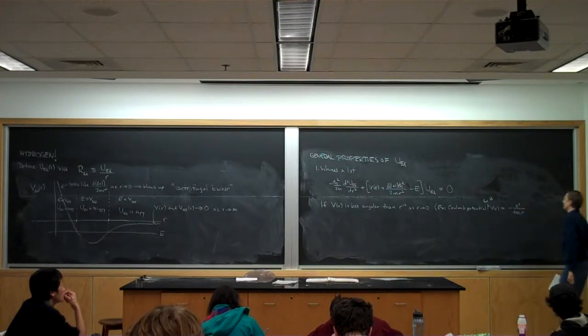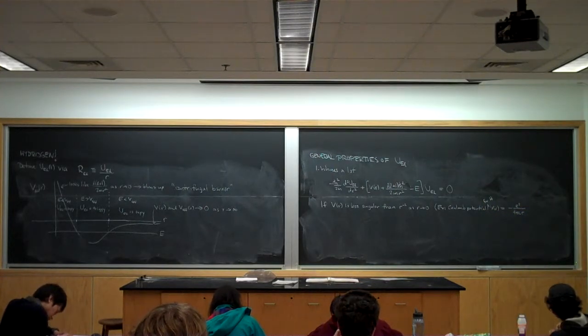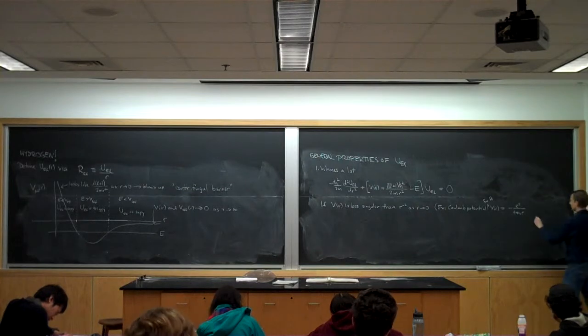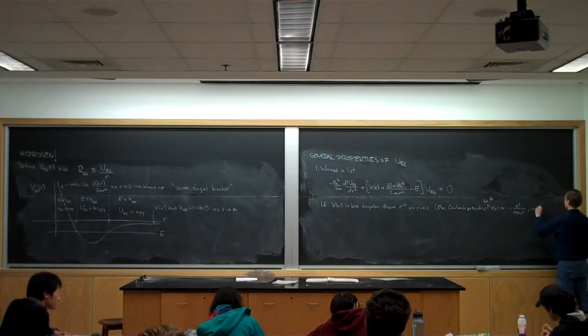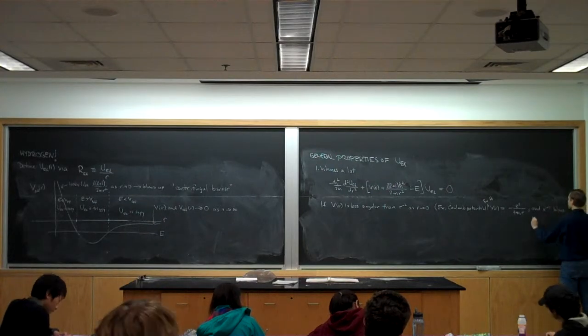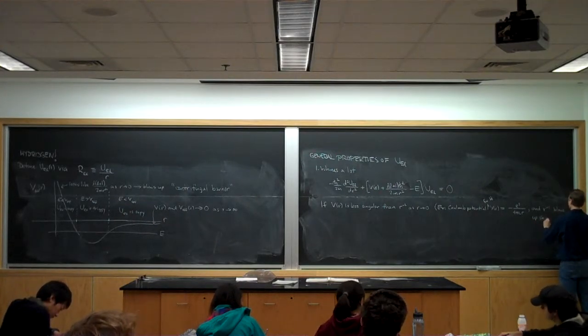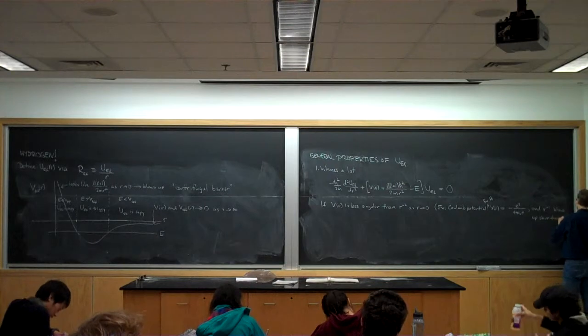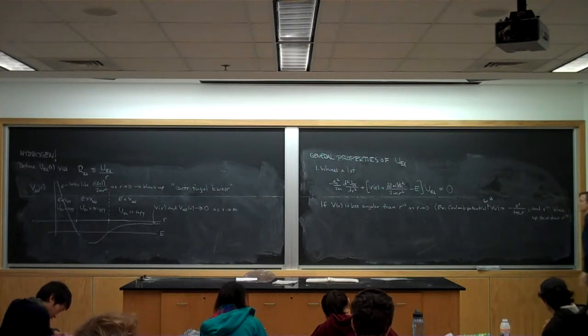So in the hydrogen atom, the Coulomb potential for hydrogen is minus e squared over 4 pi epsilon naught r. And r to the minus 1 blows up slower than r to the minus 2. So that's an example of what I mean.